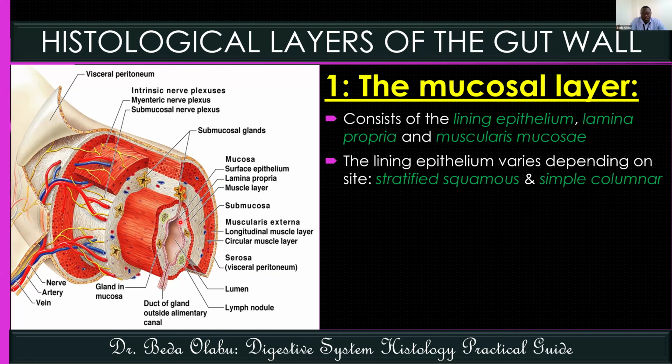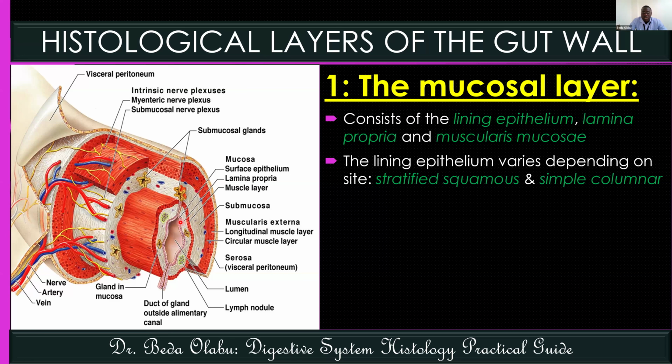And yes, if you determine that you're on the GIT, then it can also help you to know which part of the GIT you're in. Of course, the choices could be wide. For example, if you note that it's simple columnar epithelium, then it doesn't speak much because it can be anywhere between the stomach to the rectum. But that's still an important distinction to make.